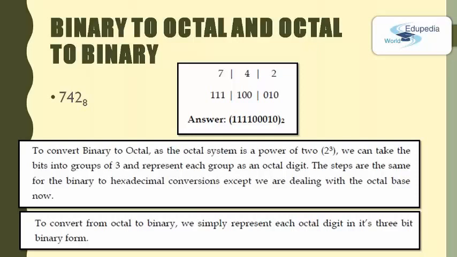So for 2 it is 010. Here in this group it has exactly 3 bits. For the second group, the number 4 is represented by the binary value 100. The third group, the number 7, is represented by the binary value 111. So the final answer is 111100010. Now that is the octal to binary conversion.